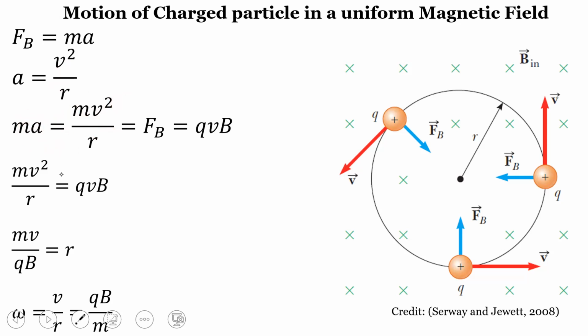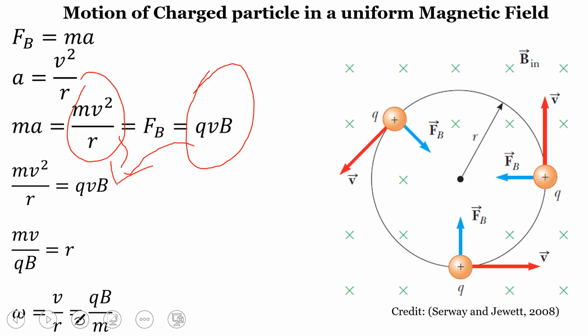And FB, since it's 90 degrees, is qvB. So these are the magnitudes: magnitude of the charge q, magnitude of the velocity, and the magnitude of the magnetic field strength. So easily we can bring out this expression and this, and then we have a new equation.